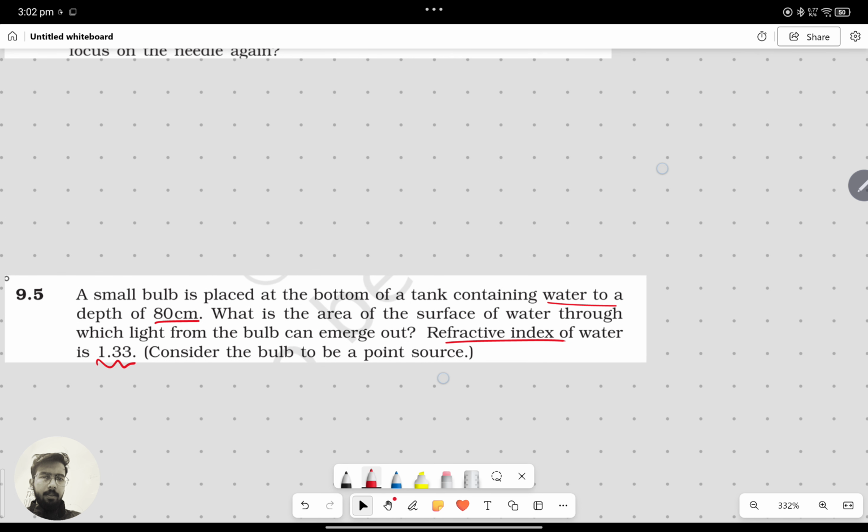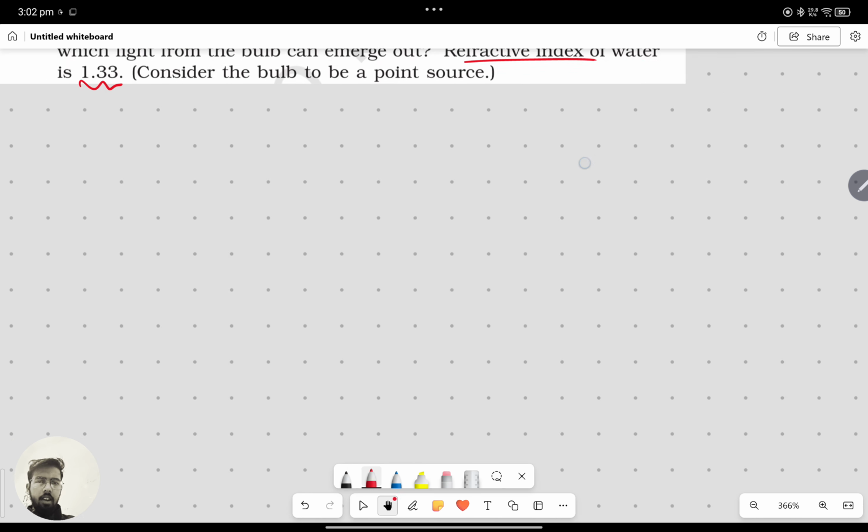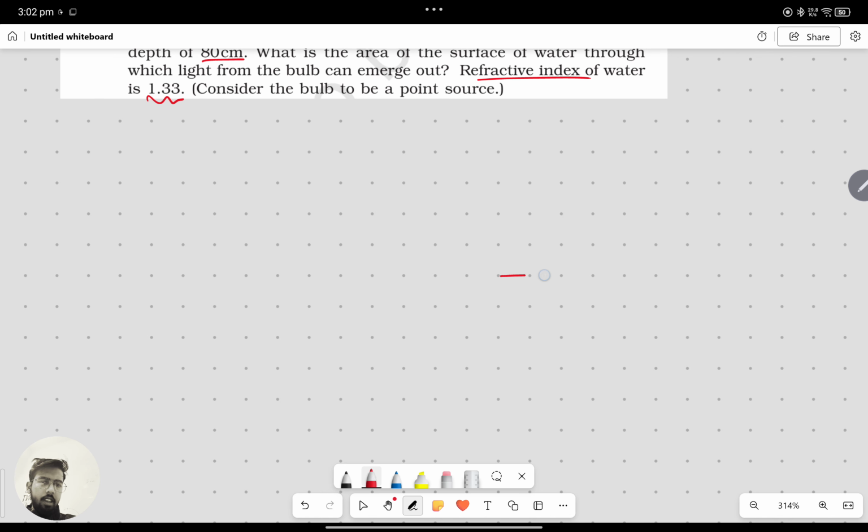So what is the question saying? You can visualize that by seeing this diagram. Here is the water surface and a bulb is placed at a depth of 80 centimeter, and that bulb is glowing. Now you can see this light of the bulb only in a circular area due to TIR.